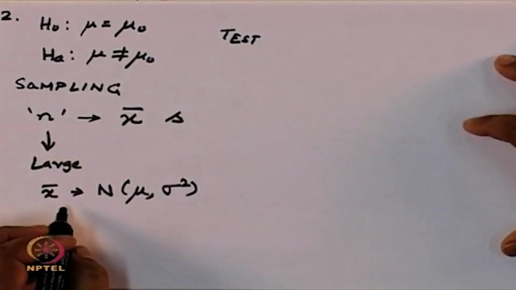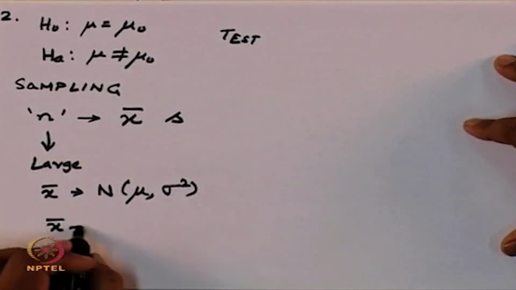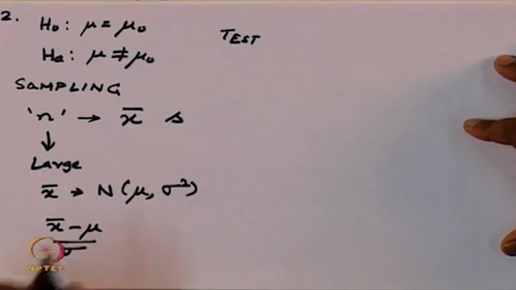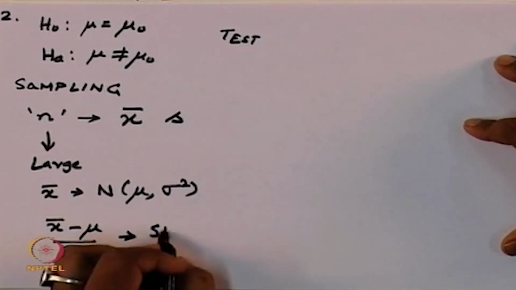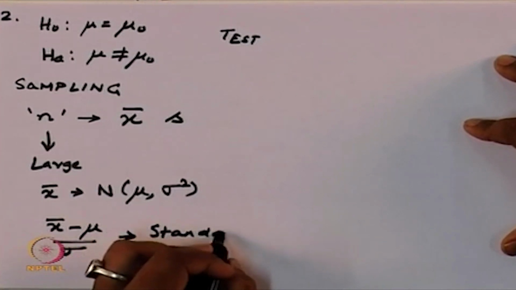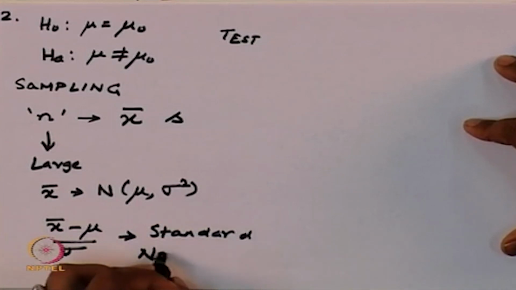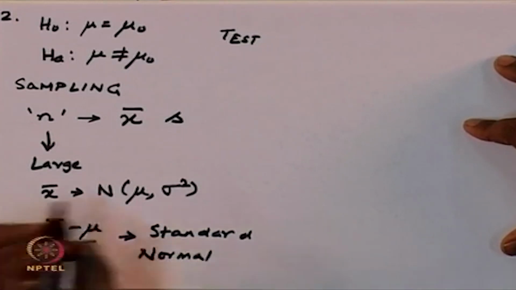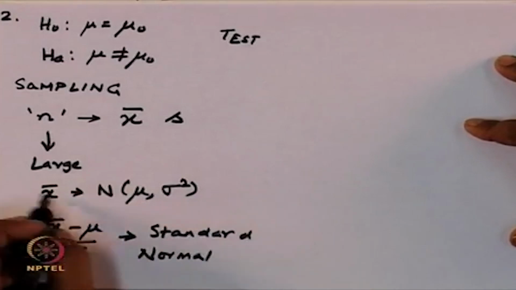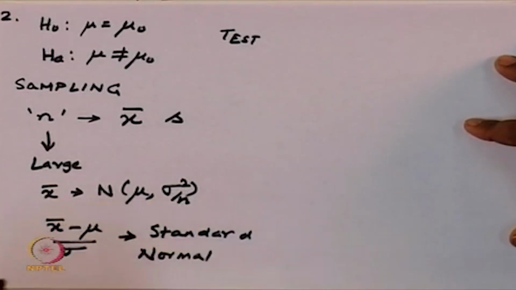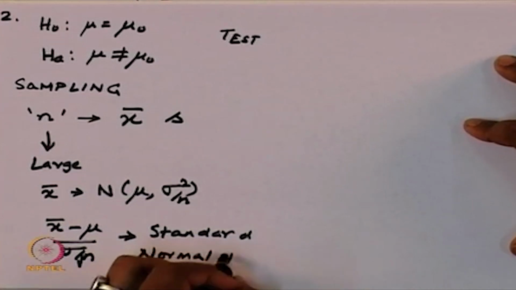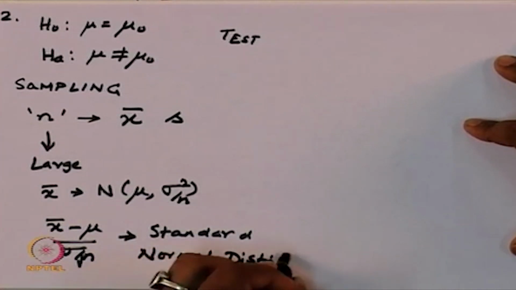If x bar follows this, then x bar minus mu by sigma by root n should follow a standard normal distribution.